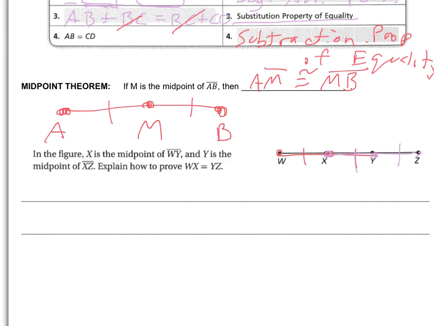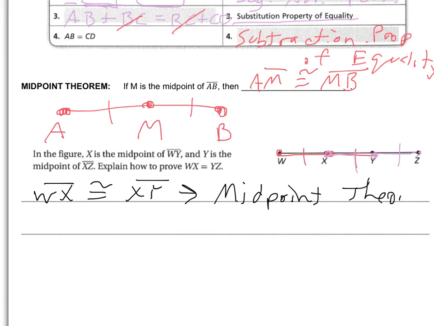Well, first what we're going to say is segment WX is congruent to segment XY. Why? Because of the midpoint theorem. And we're also going to say that XY is congruent to YZ because of the same thing, midpoint theorem.